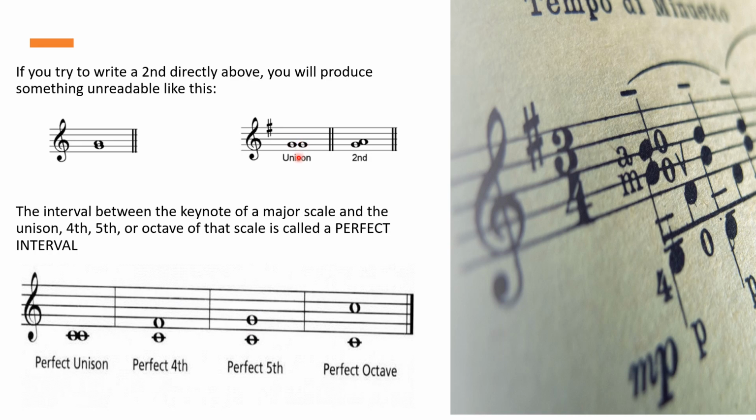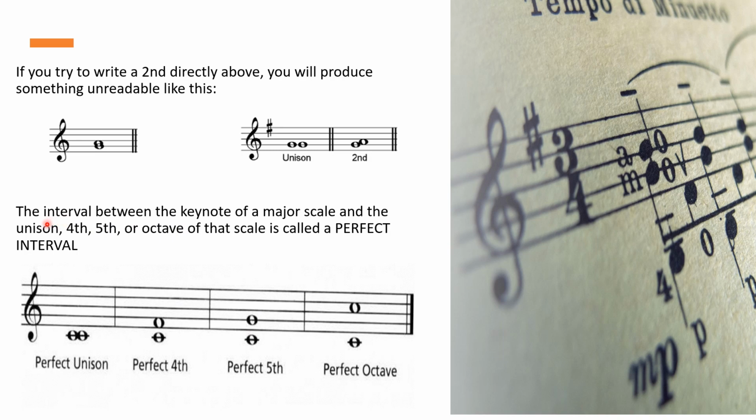So for unison, notes are placed side by side, while for a second interval, it's one note on the line, another one on the space, and it's clear this way. So you just need to take note of that.